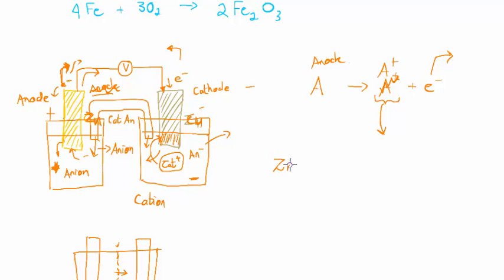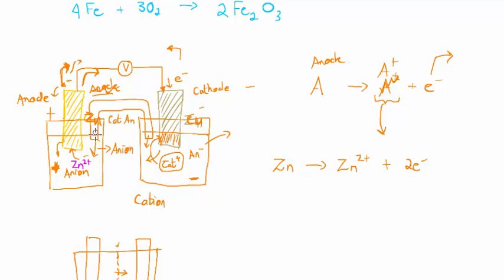We'll start with zinc, but zinc will give 2 of its electrons. So zinc will give away 2 electrons and become zinc 2 positive. The electrons go one way, and the zinc ions are released into the electrolytic solution.